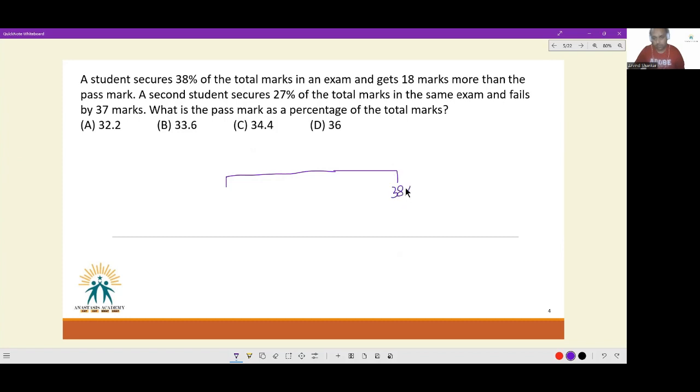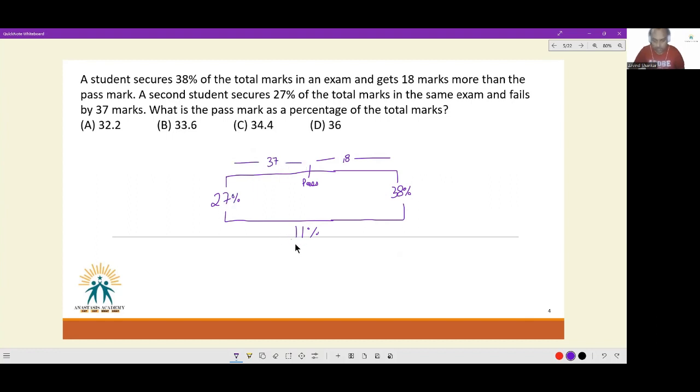38% and 27%. Purely in terms of percentage, the gap is 11%. And the pass mark is somewhere here. The student who scored 38% had 18 more, and the person who had 27% marks had 37 less.